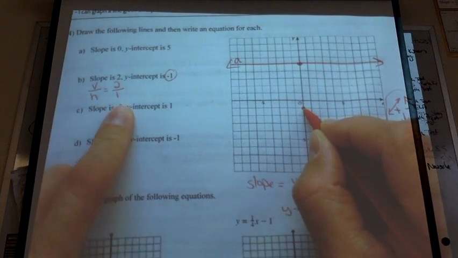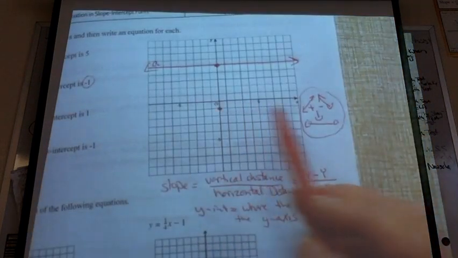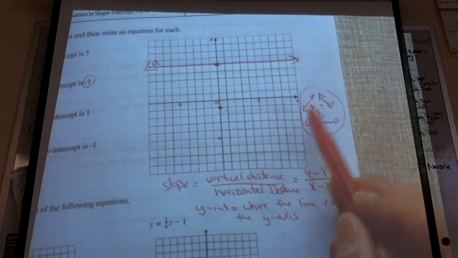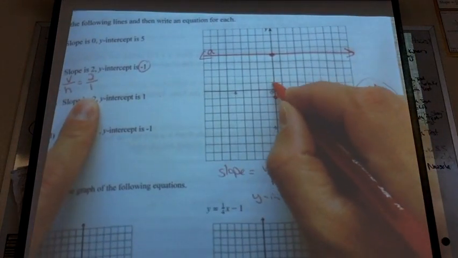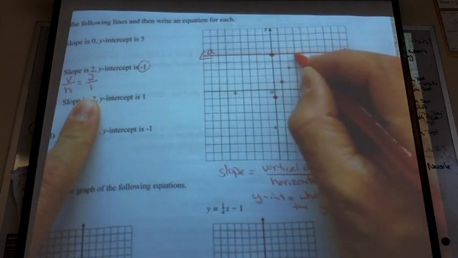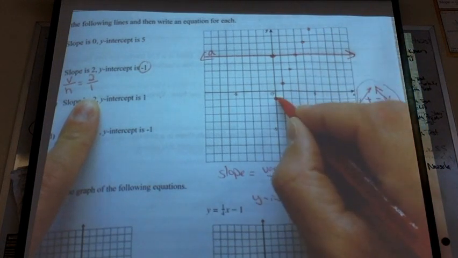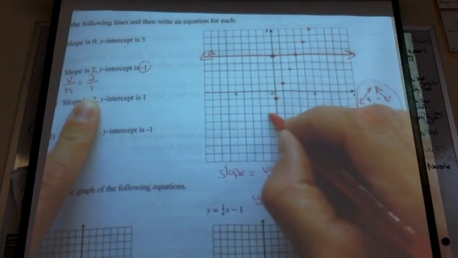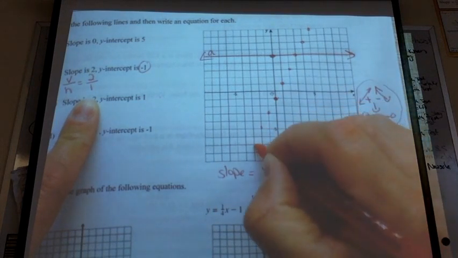Now from that point, we're going to look at our slope. It's 2 over 1, and it's a positive slope. Positive slope, we look at Mr. Slope guy, has to go uphill. So I'm going to go up 2 and to the right 1. Up 2 to the right 1. I'm going to keep doing that, up 2 to the right 1. Or you can go down 2 and left 1, just as long as our line is going uphill from left to right.